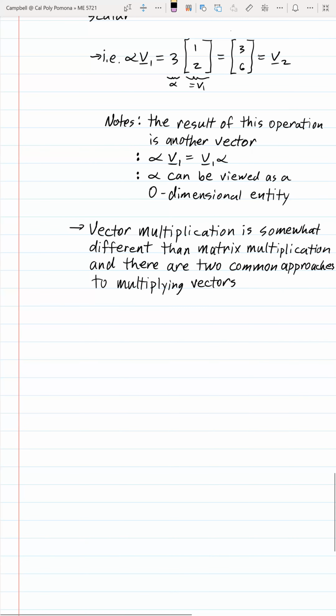And I'm sure you're familiar with these two most common approaches. Let's go ahead and start with the one that almost all classes start with. So I don't want to deviate from that, which is, of course, the dot product.